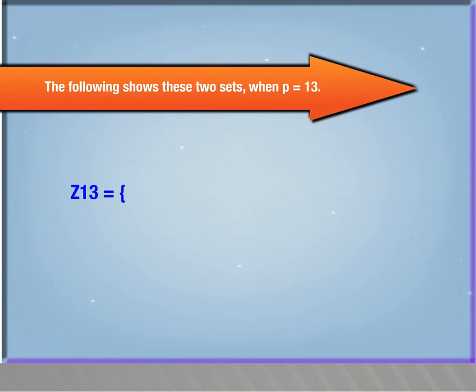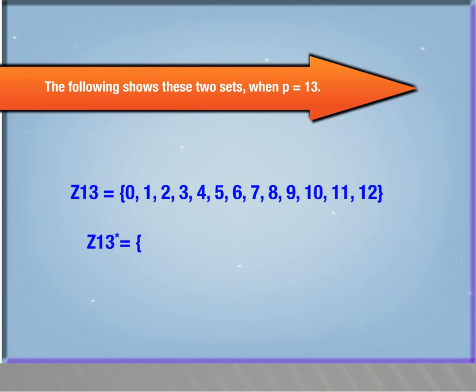Z13 is equal to the set 0, 1, 2, 3, 4, 5, 6, 7, 8, 9, 10, 11, 12. Z13 group is equal to the set 1, 2, 3, 4, 5, 6, 7, 8, 9, 10, 11, 12.